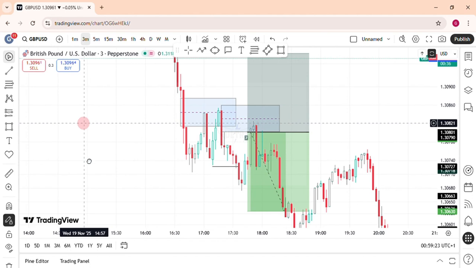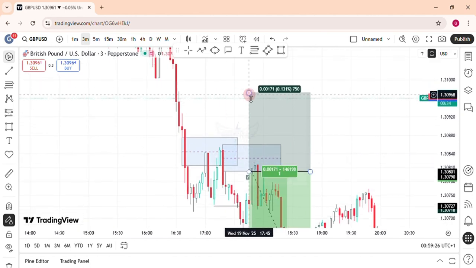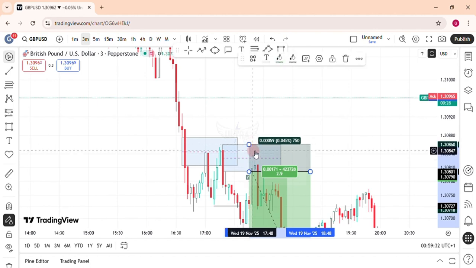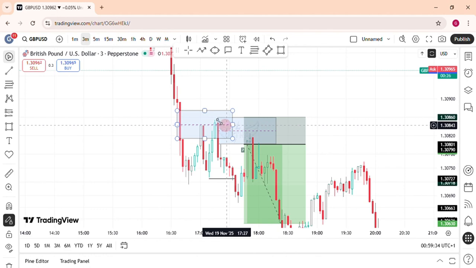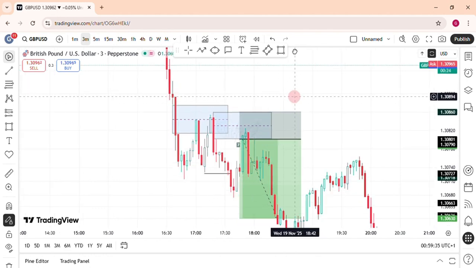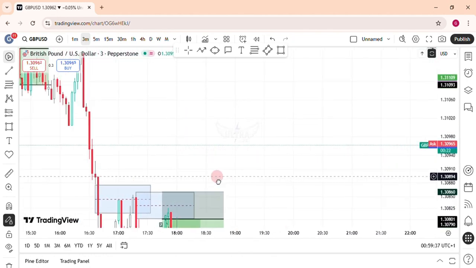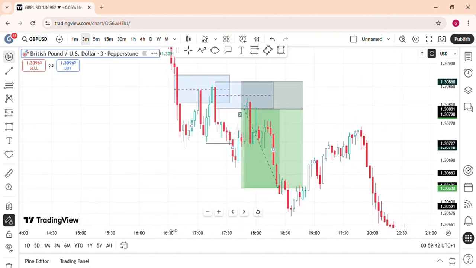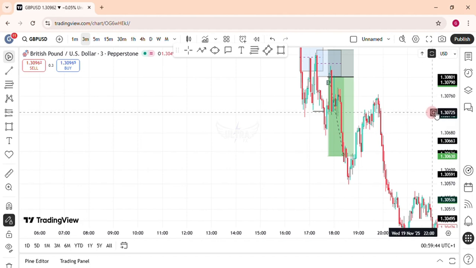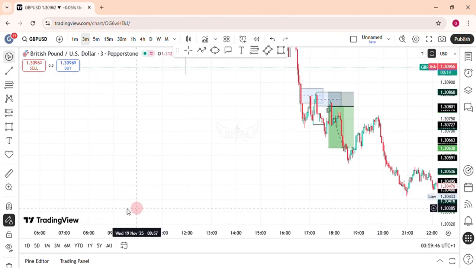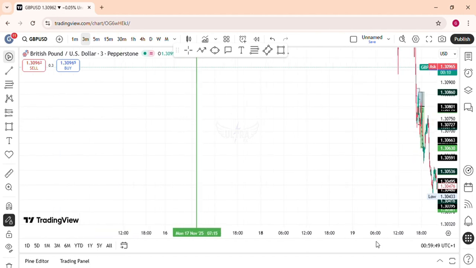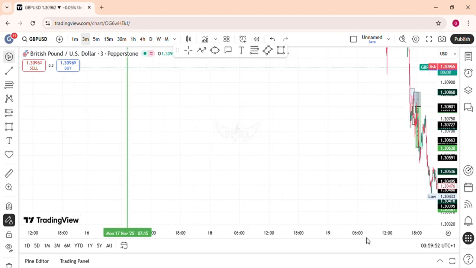At the previous high, we would place our stop loss. So at this previous high, that's where we put our stop loss. And moving on is where we put our take profit. Now we'd have to stretch back to our left hand side to see where we can put our take profit.